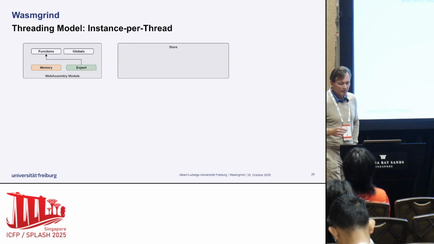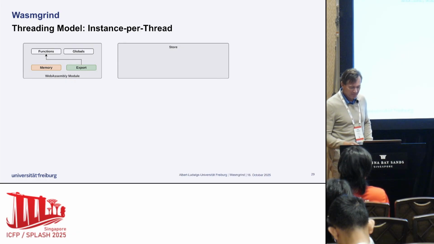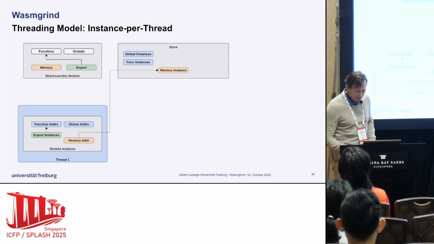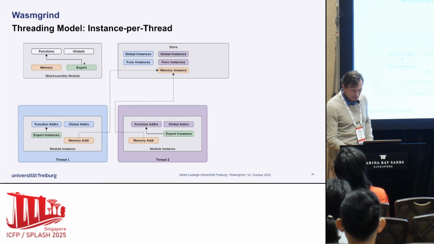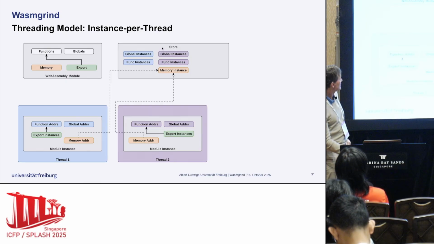So now we can get to this issue of getting to shared memory. If I have a module, you instantiate it, and usually you get a memory instance. You can create another instance, but usually it is not set up this way.